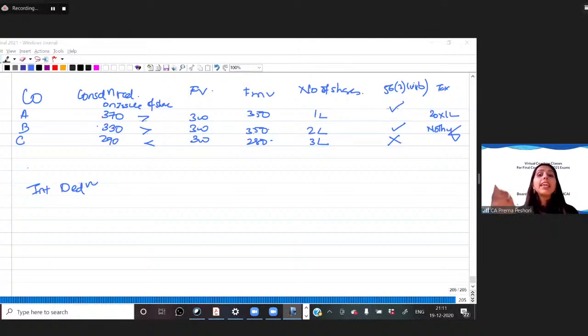Now 14A is no more applicable. So now the shareholder will get a deduction under income from other sources, because dividend is taxable under income from other sources, up to 20% of dividend. You will get the deduction of interest expenditure incurred for earning the dividend income. Clear?